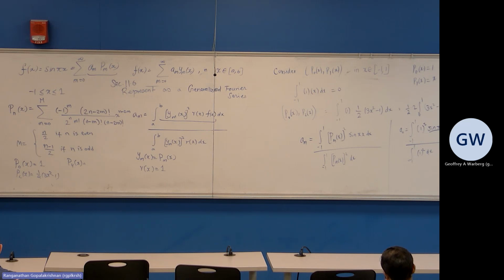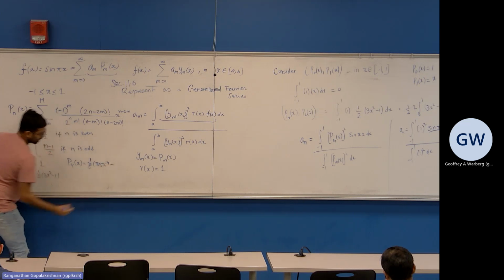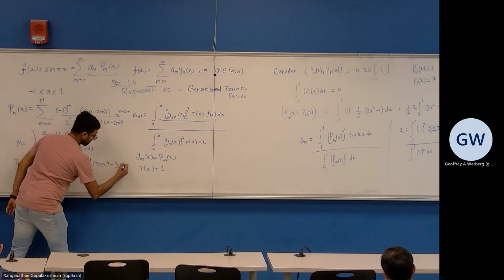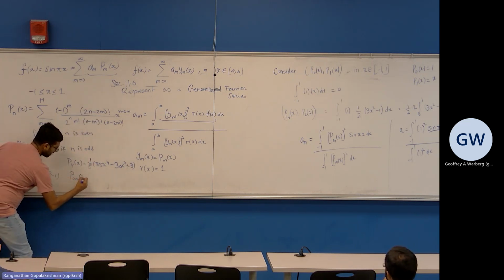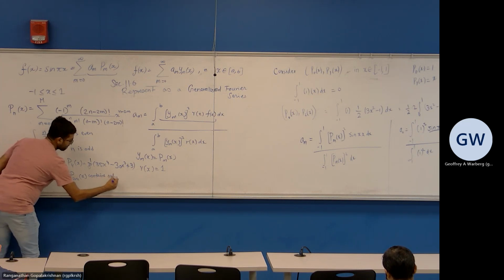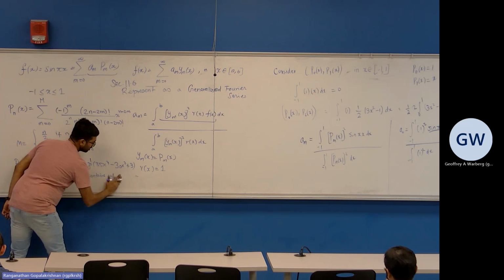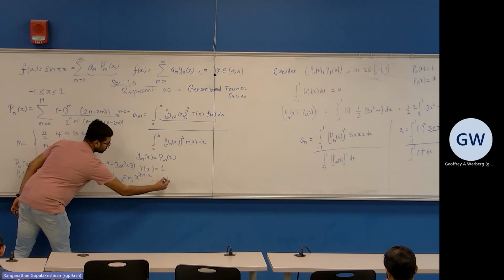P4 is 1 over 8 times 35x to the 4th minus 30x squared plus 3. So P_2m of x contains only even powers: x to the 2m, x to the 2m minus 2, all the way down to x to the 0.